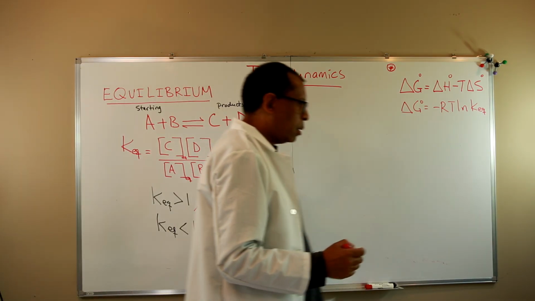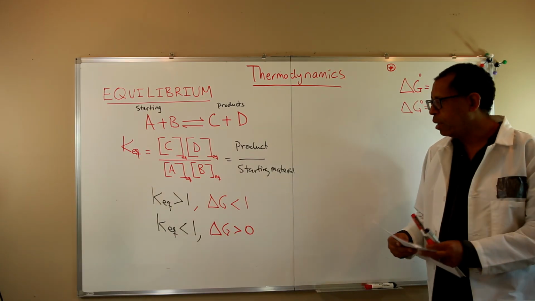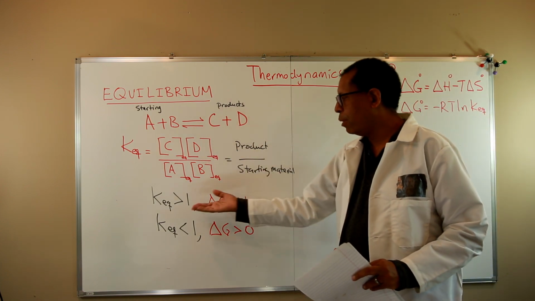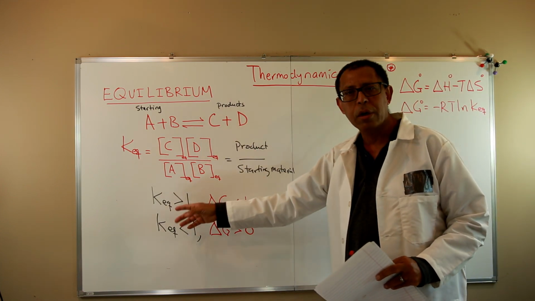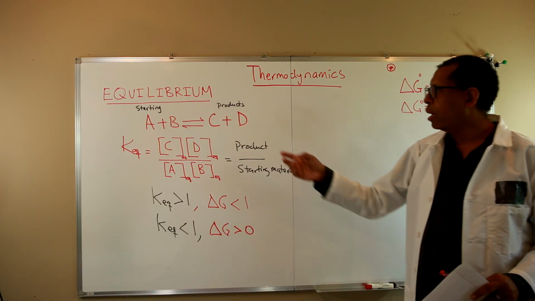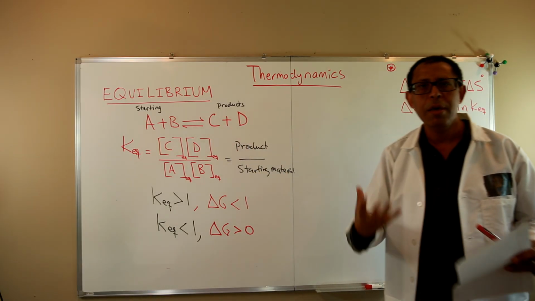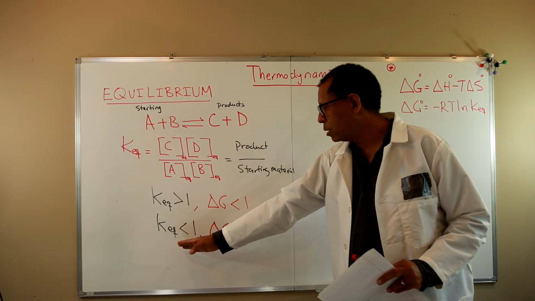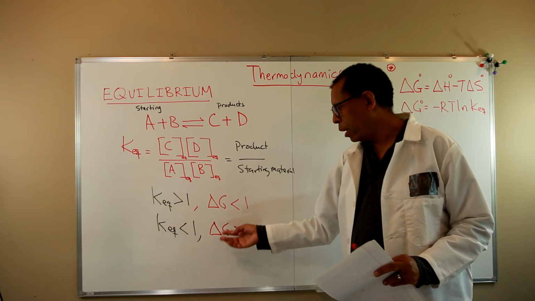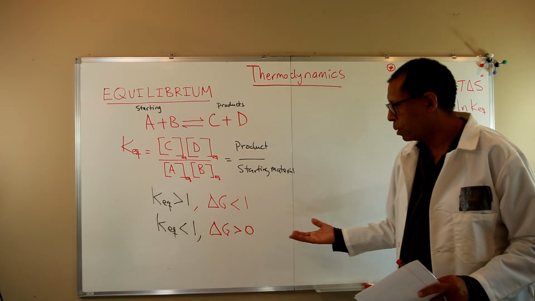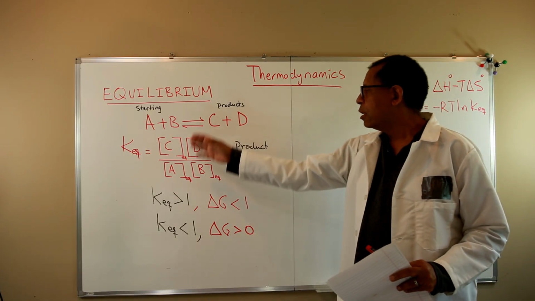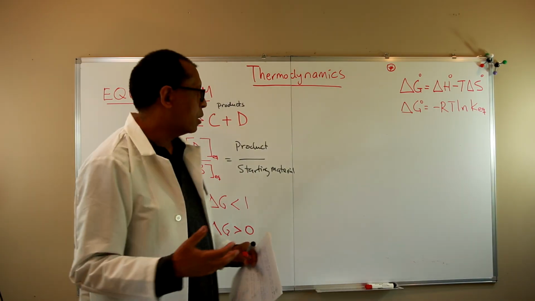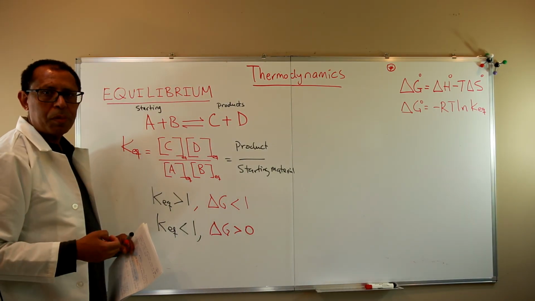So reactions where you have a delta G value, a free energy value, less than 0 always favor the products. That means the equilibrium constant is very large, and formation of the product is much more favored. But if your equilibrium constant is less than 1, the starting material is still remaining in larger quantity than the product being formed.